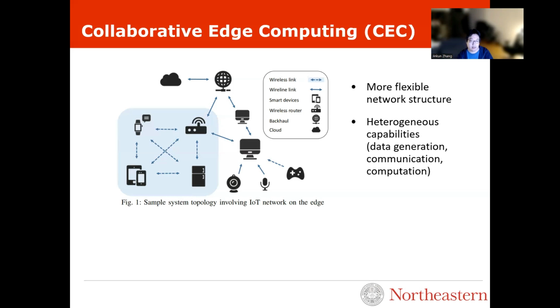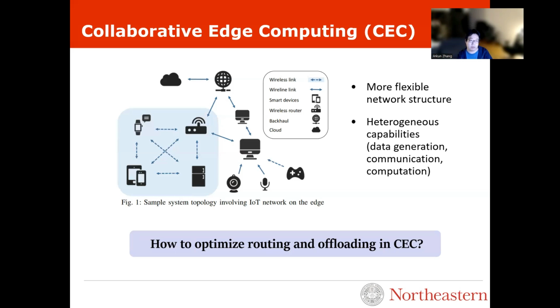And second, the nodes and links can have heterogeneous capabilities in data generation, in computation, and in transmission. With this flexible structure, we naturally ask a question: how to optimize the routing and offloading in CEC, namely where to place these computation jobs and how to deliver the data and the results of these jobs.